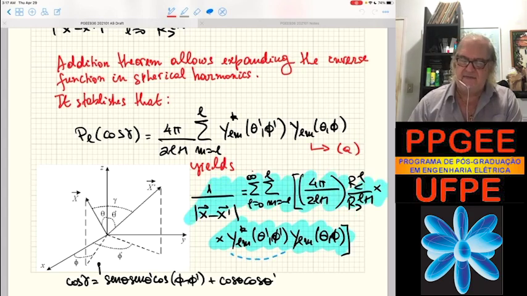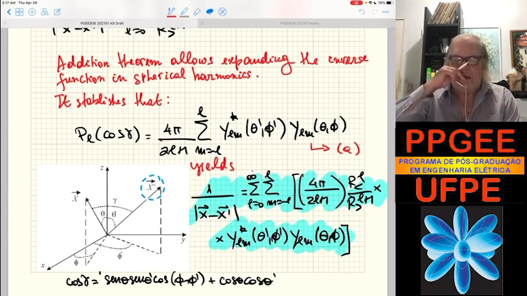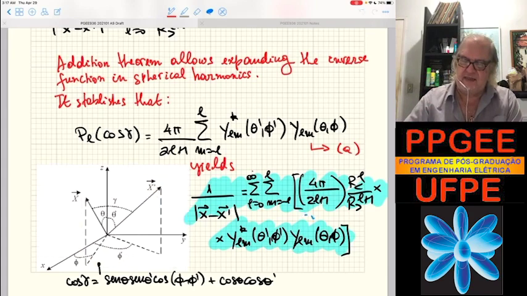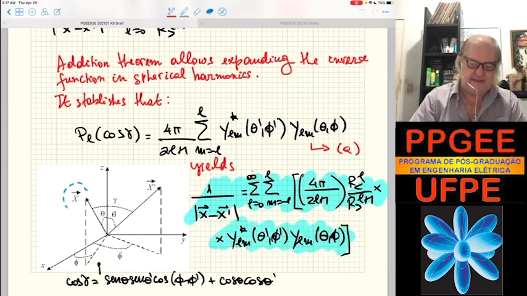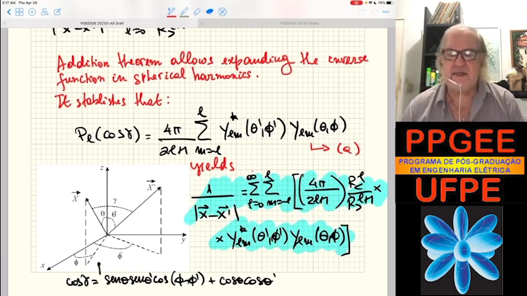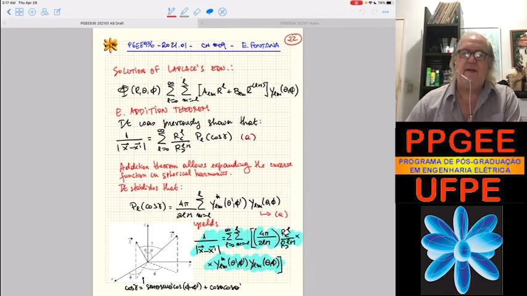And here you're going to have the spherical harmonic conjugate calculated at the angles theta prime, phi prime subtended by x prime, and the spherical harmonic calculated at theta, phi, which are the angles subtended by x. That's essentially the addition theorem.